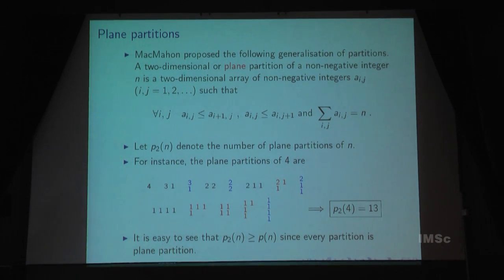Okay, so let's pick n equal to 4. Here, you see the ones which I can write in black, which are in one row. We have already seen these. These are the partitions of 4, ordinary partitions. And then there are ones which are the same actually, but they are just a rotation. You just take 3, 1, and these 3, 1 are related by just flipping.